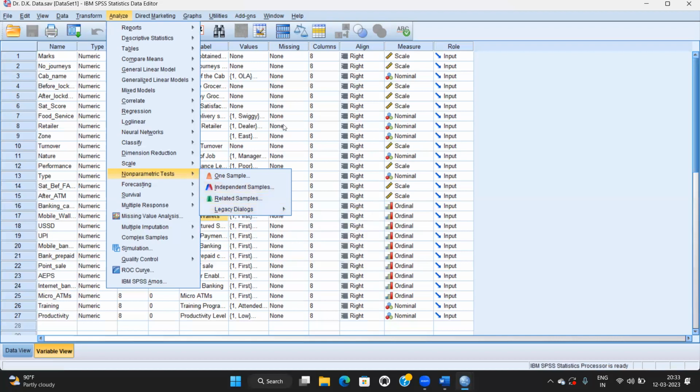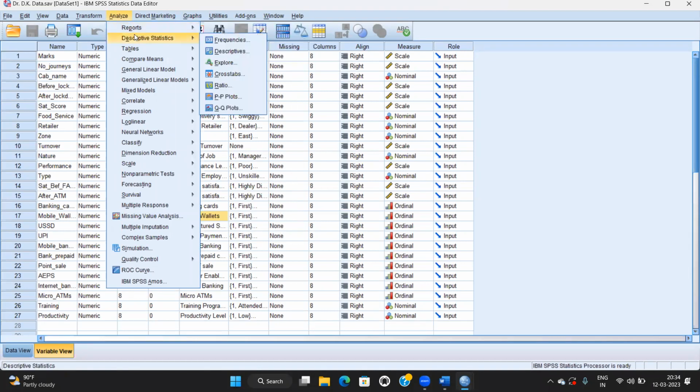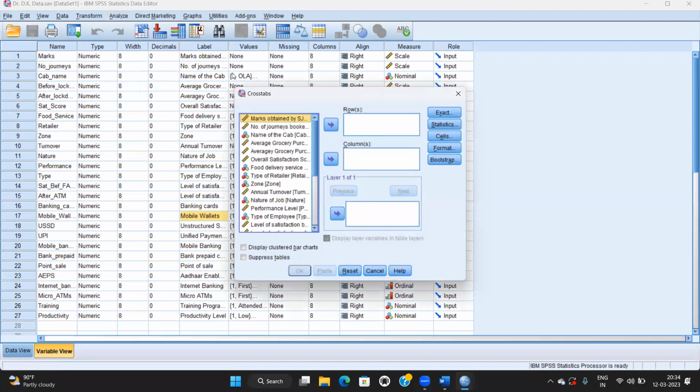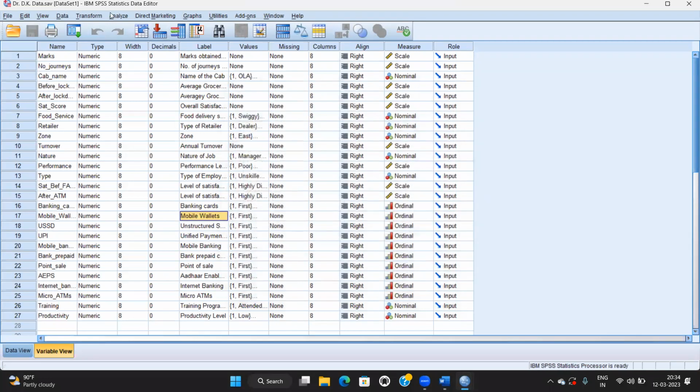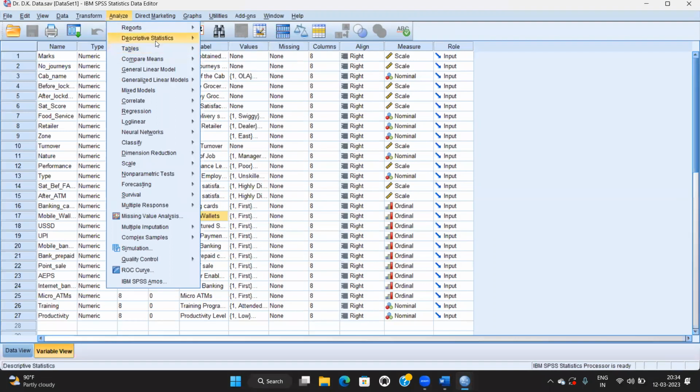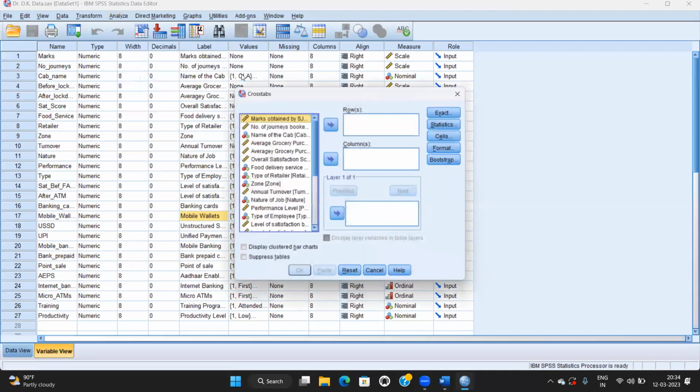Then what else is to be followed? Analyze, go to descriptive statistics, then go to cross tabs. If you click on that, you can see this window appearing.